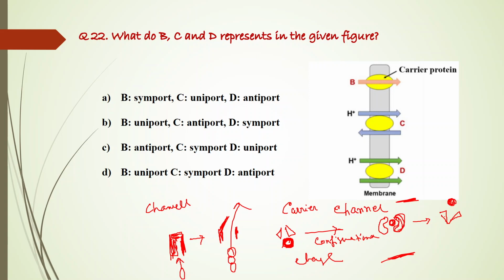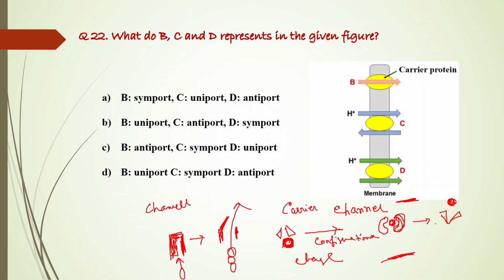But in case of carrier proteins, as you are specifically selecting them, changing your configuration and then releasing it to the other side, it is happening in a very controlled way, or the flow is very controlled in case of carrier proteins. Now in this particular question, we are only talking about carrier proteins.